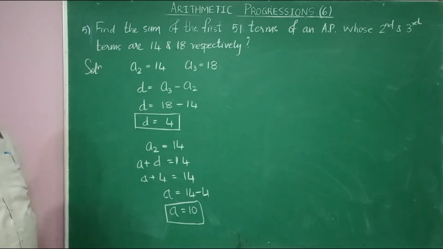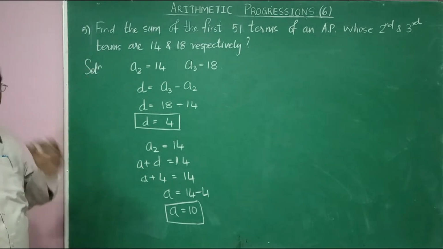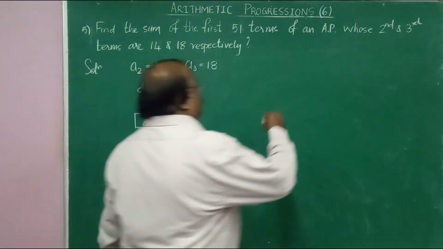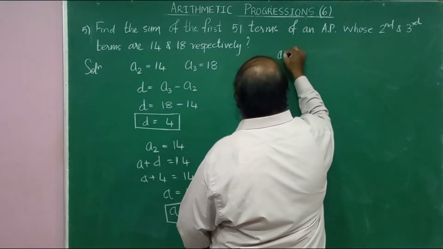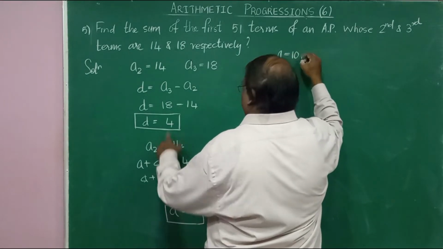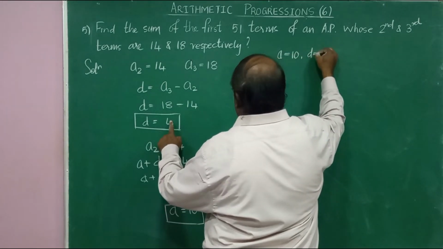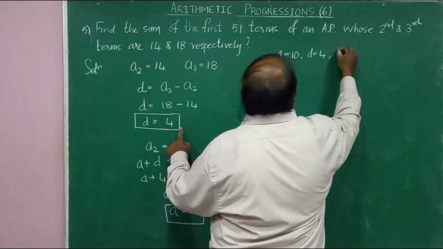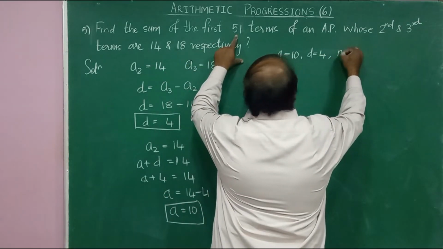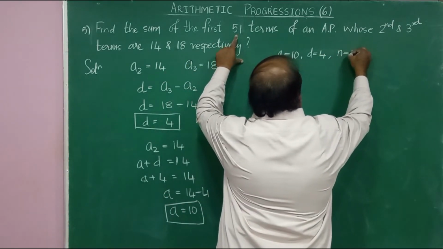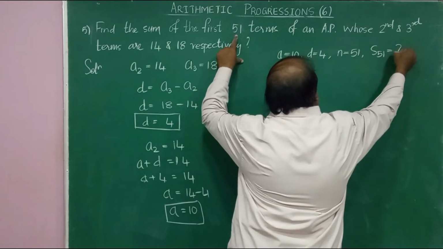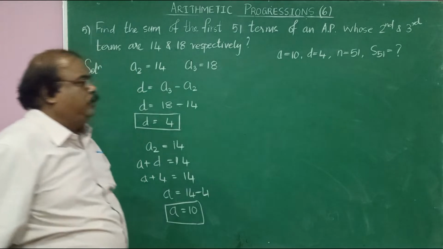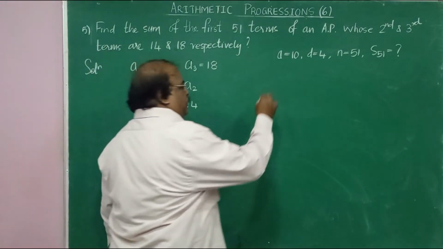What did I ask you to find out? The sum of the first 51 terms of the AP. So now I know that the first term of the arithmetic progression is 10. I know that the common difference is 4. I asked you to find out the sum of the first 51 terms. So what is S51 equal to? Let me use the formula.